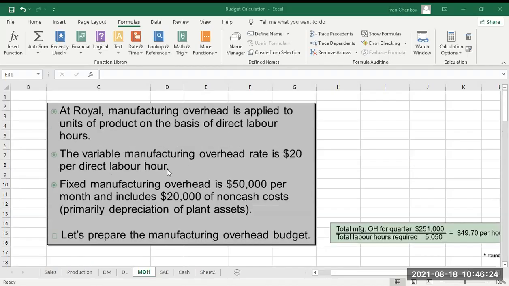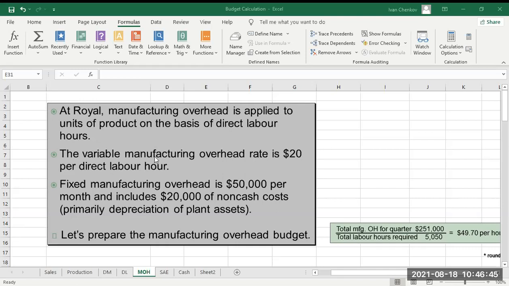What they're saying is that the company overhead is applied to the units of production on the basis of direct labor hours. So based on the number of direct labor hours, that's why we're applying the overhead.